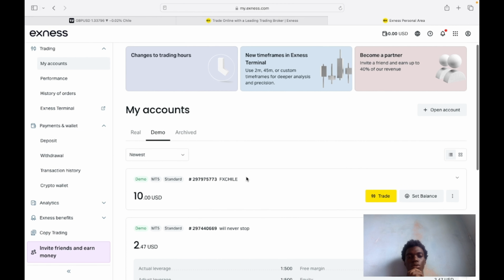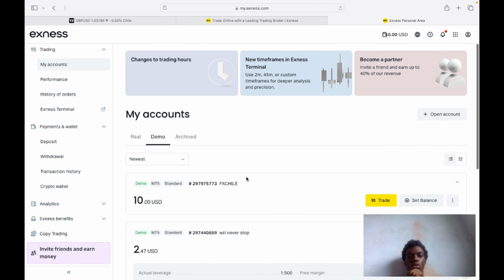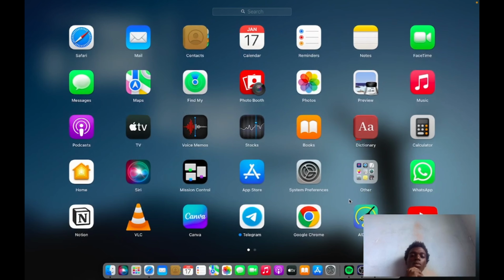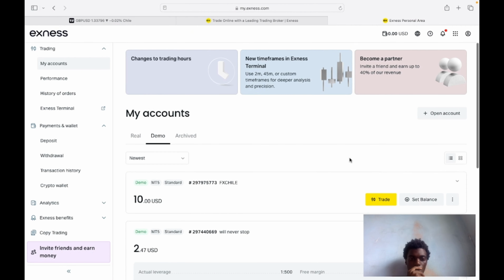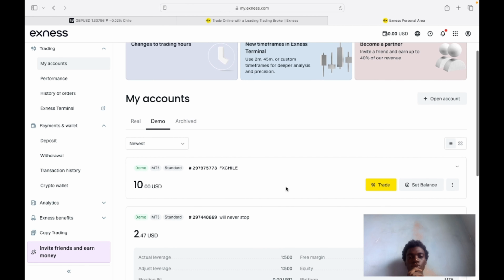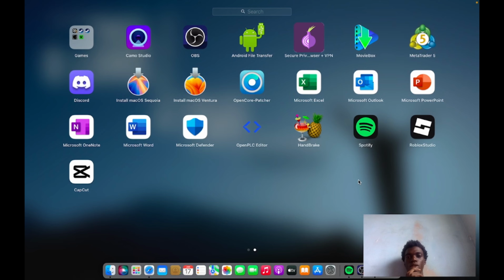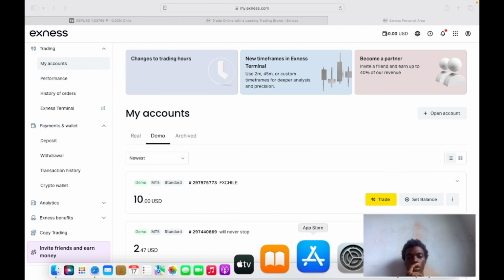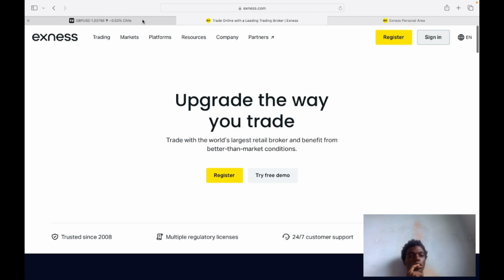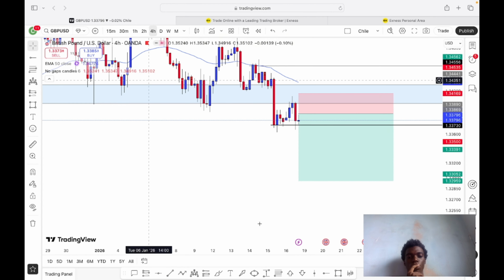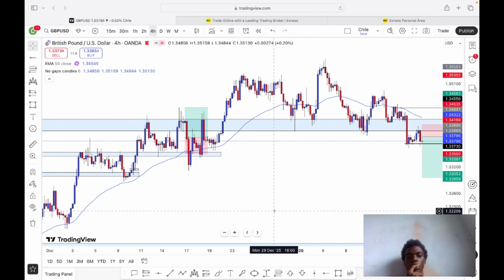So we've created the account, so we just have to link it on my phone or on my PC. Let me just open MetaTrader 5. I think it's opening. And yeah, let's get the charts.